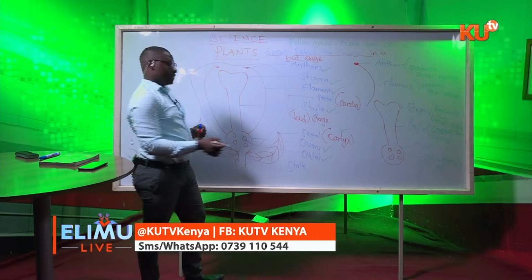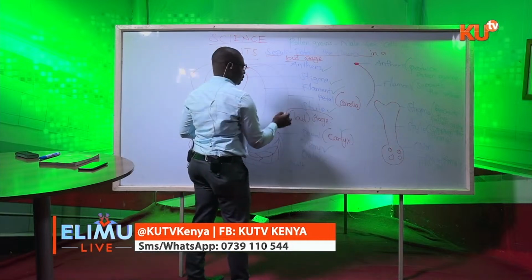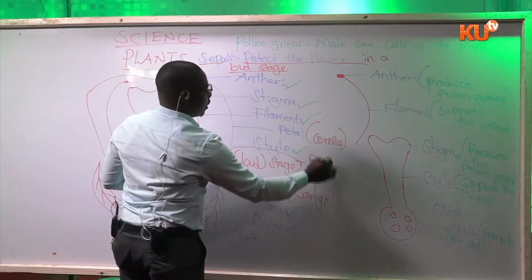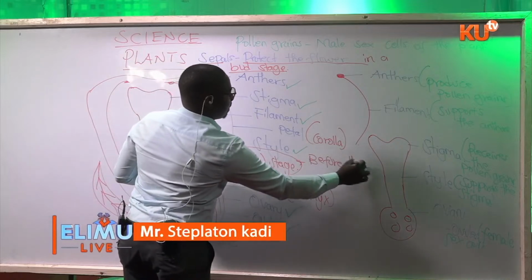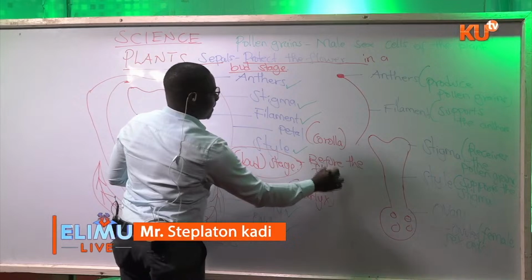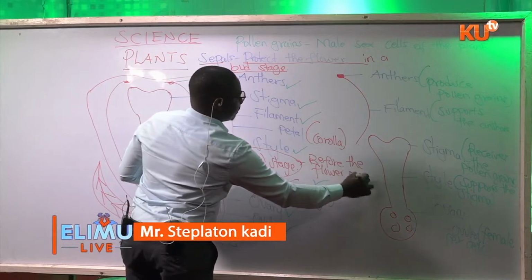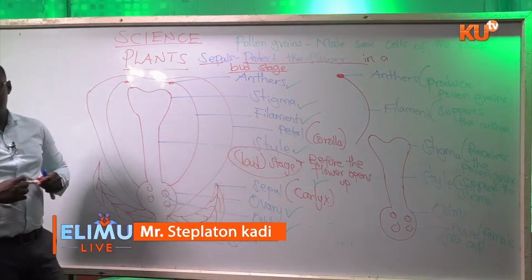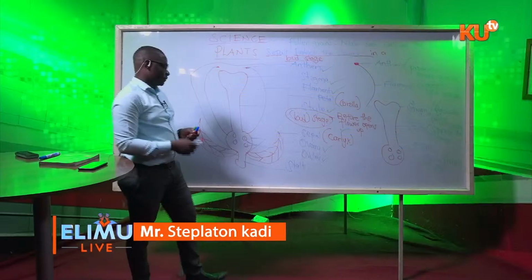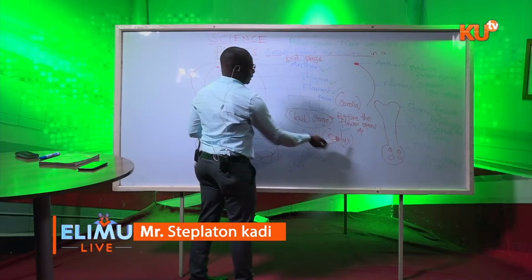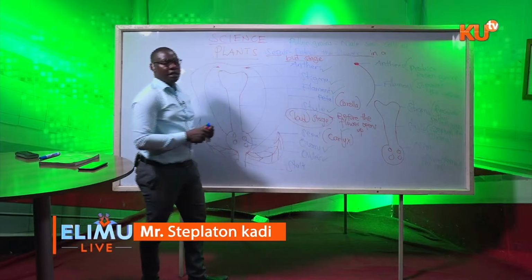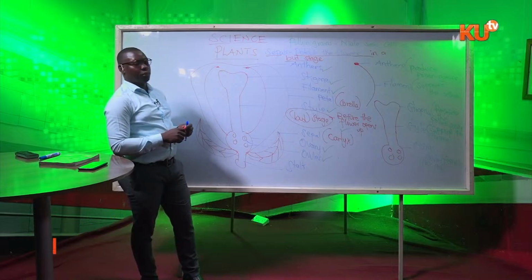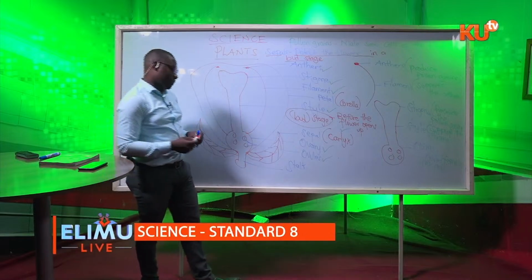And a bud stage is a stage before the flower opens up. So the sepals collectively are called calyx, and they are usually green in color. And their function is to protect the flower in a bud stage.